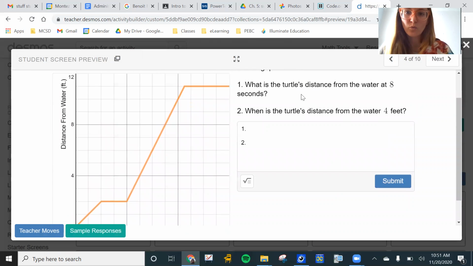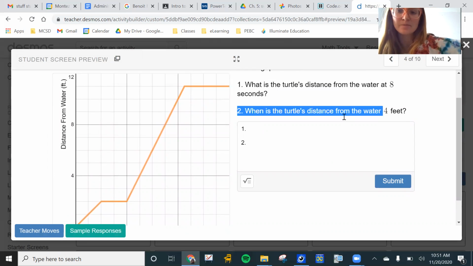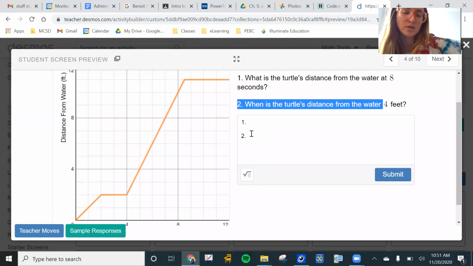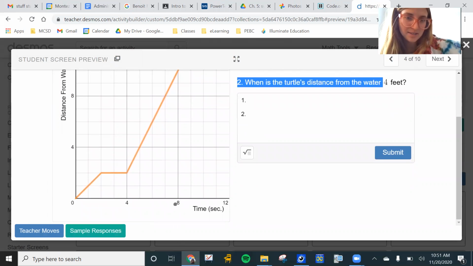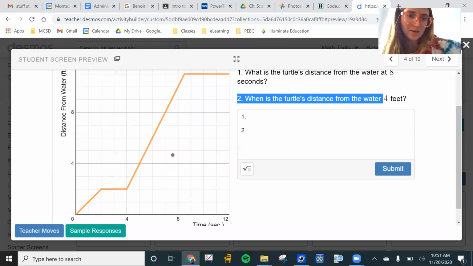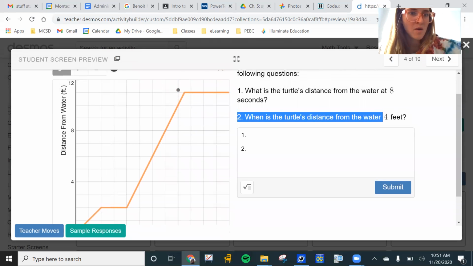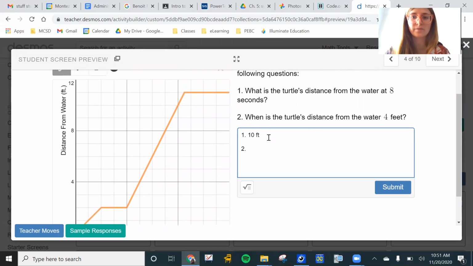What is the turtle's distance from the water at 8 seconds? And when is the turtle's distance from the water 4 feet? So for 8 seconds, we go down to our x-axis and follow that up until the 8 meets our graph, which looks like it's going to be 10 feet from the water.